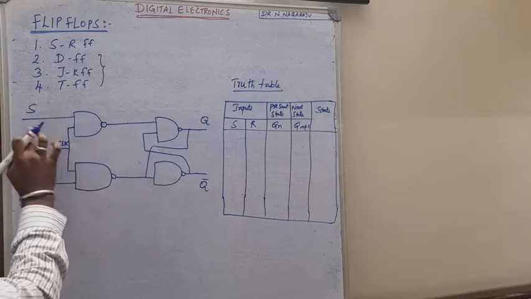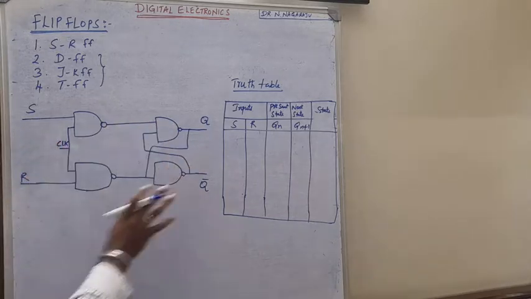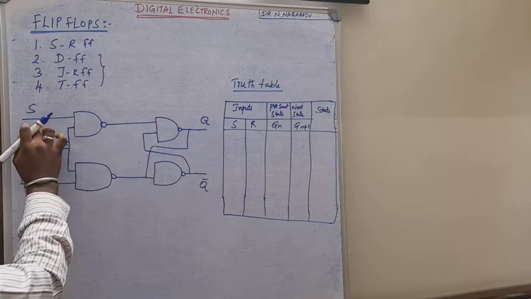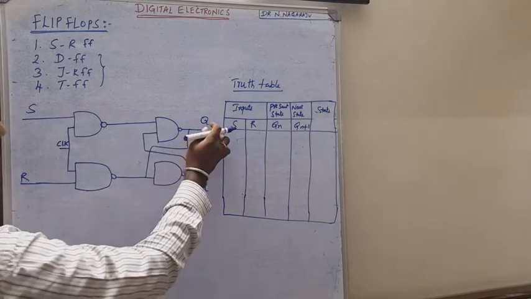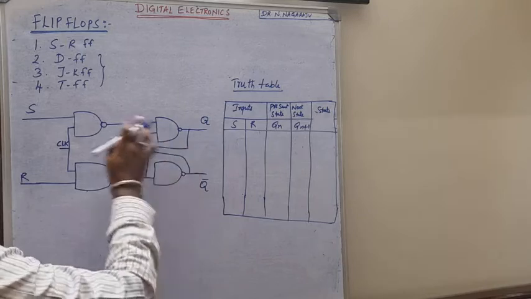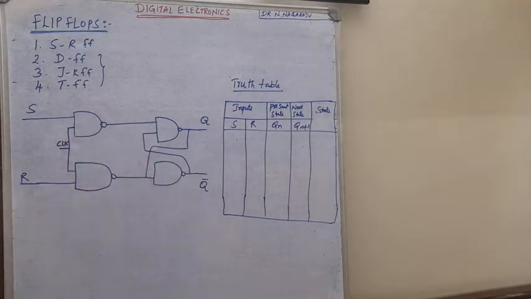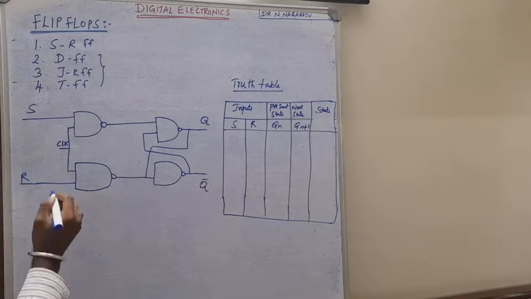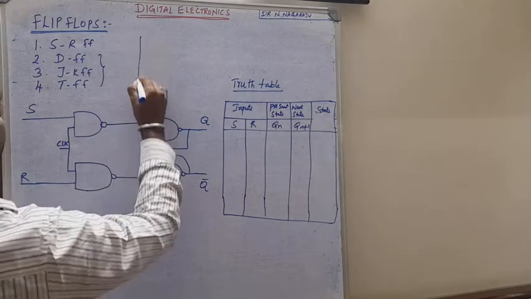This is the SR latch actually. It consists of S and R as two inputs, and the outputs are Q and Q bar. This is a cross coupled inverter. I have designed this SR flip-flop by using a NAND latch. Now let us see the truth table for this one. The logical symbol for the SR flip-flop looks like this.